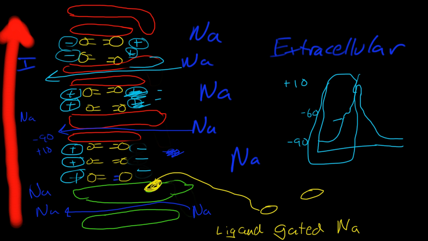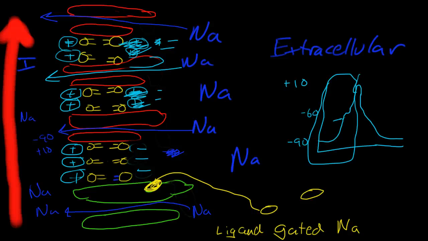The polarity changes here, then this allows the next gate to open, and more sodium enters. And this continues on down the line. And hence the propagation of the action potential moves from one side to the next.